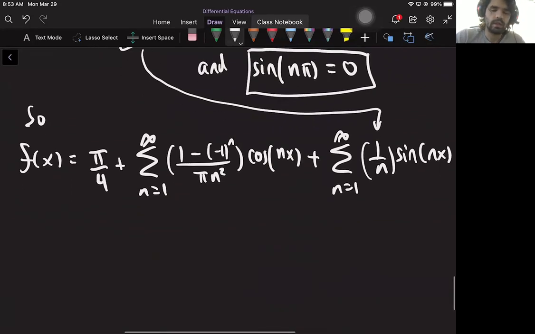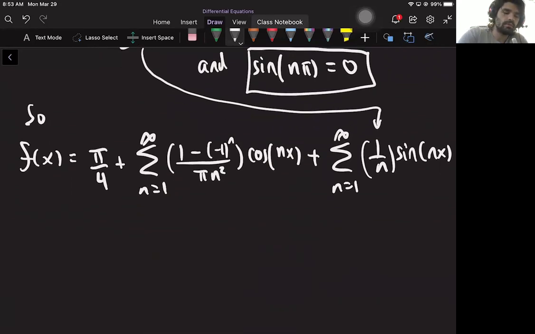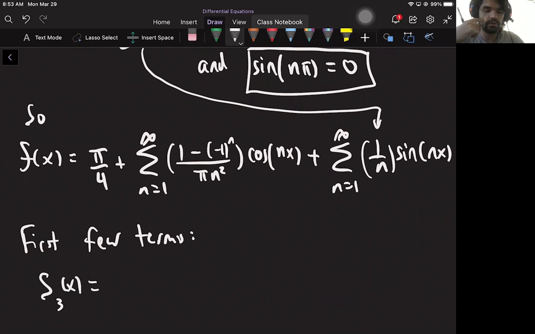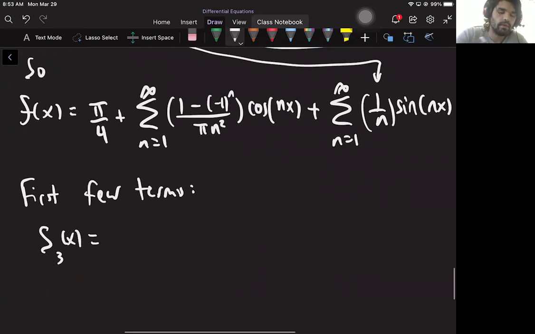And so what people like to do is draw out just the first few terms. So you can say something like S sub 3 of x is the first 3 terms added together, meaning you plug in n equals 1, n equals 2, n equals 3, and you put them all in. So if we do that, let's just see what we get.